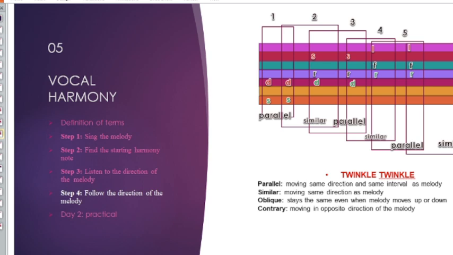If the first note is a do, just know that the harmony should be a major third. So mi is a major third. But if the melody is in the mi, just know that the harmony above will be so, and that's a minor third.